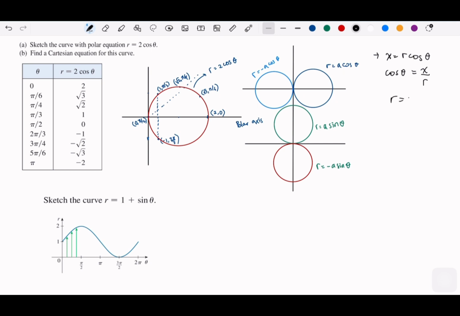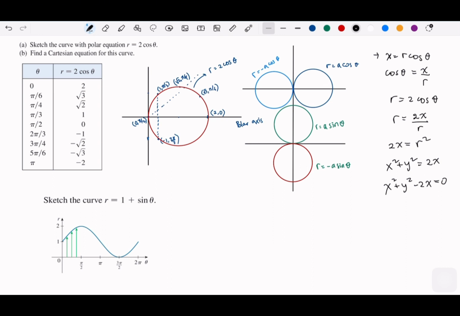So r equals 1 plus sine theta, and this becomes r times x over r, and then this gives you 2x equals r squared. And then this will be x squared plus y squared equals 2x, or x squared plus y squared minus 2x equals 0. And then you can check the standard form. You will see that this will be a circle equation shifted. The center point is shifted to the right.